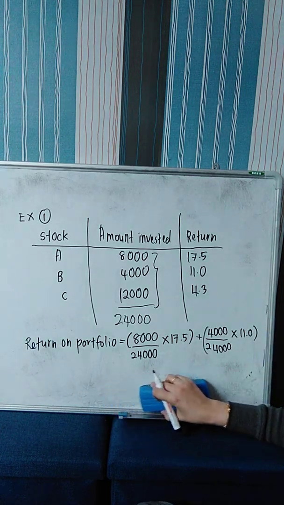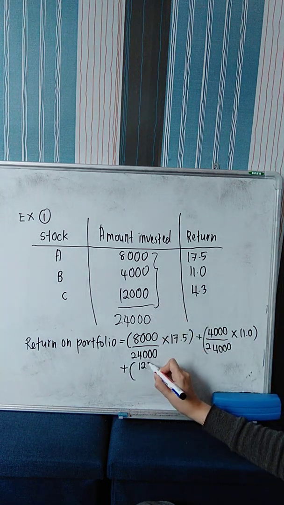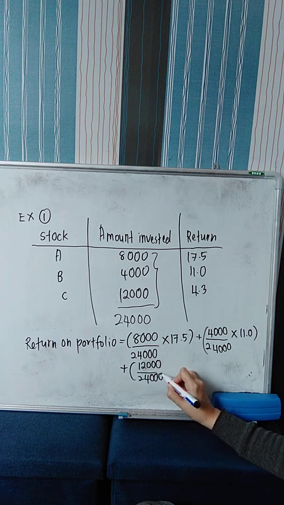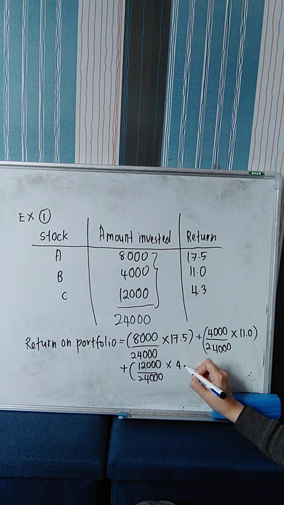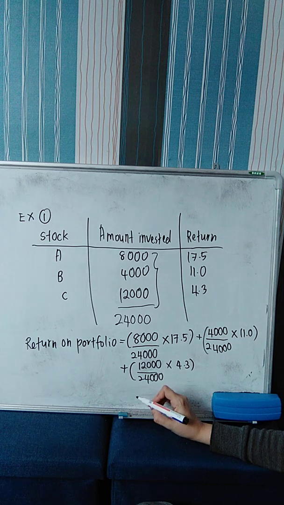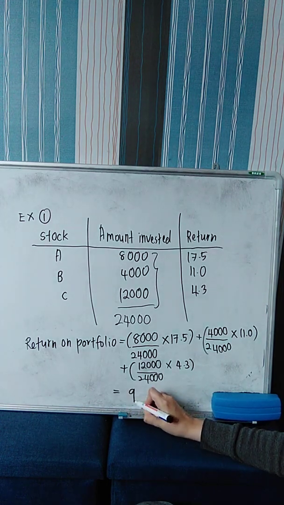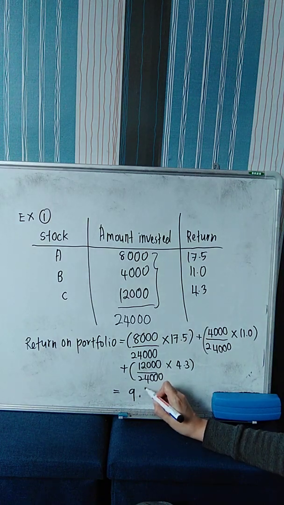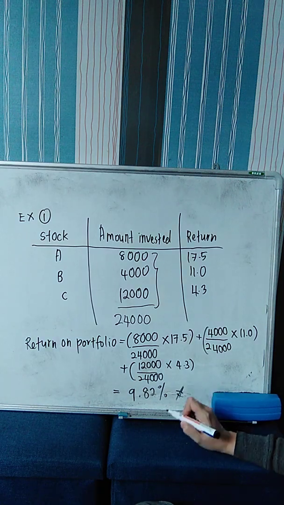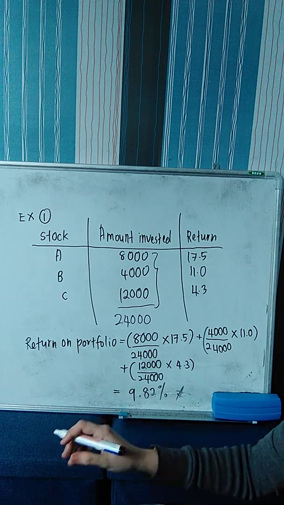Then you continue with stock C: 12,000, you divide by 24,000, the total, you times it with the return, 4.3. Then after you calculate using the calculator, the final answer must be 9.82%. This is how to calculate the return on portfolio.